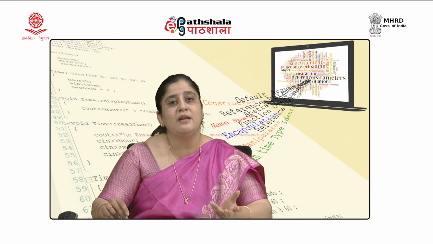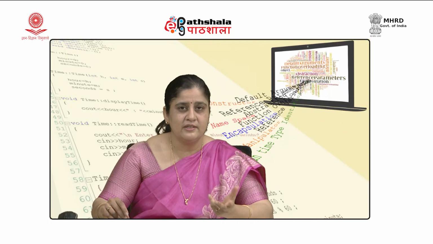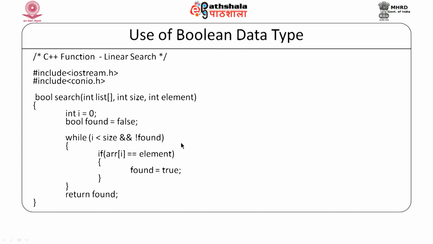These Boolean variables can be used for representing flag kind of or status kind of values which have only two possible options. Let us have a look at this program.